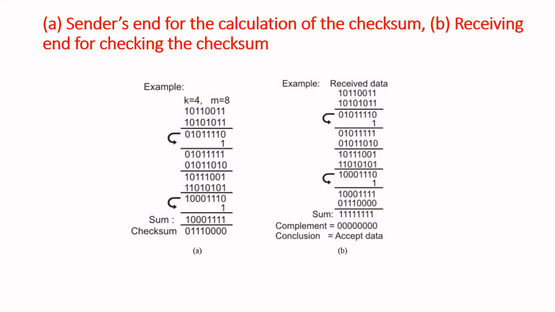So if we see from right to left, 110, after that 11 and 1 carry, and after that 0011.